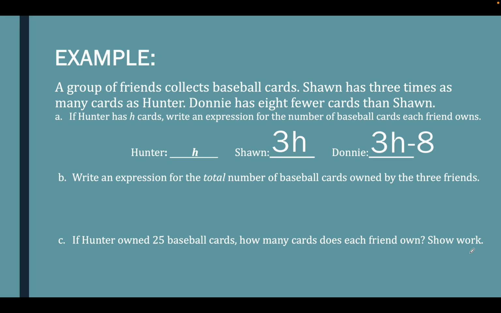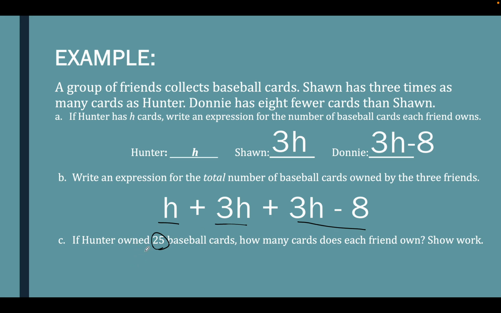Part B asks for an expression for the total number of baseball cards that is owned by the 3 friends. That would be all 3 expressions added together. H for Hunter, 3H for Sean, and 3H minus 8 for Donnie. And lastly, if Hunter owned 25 baseball cards, how many cards does each friend own?